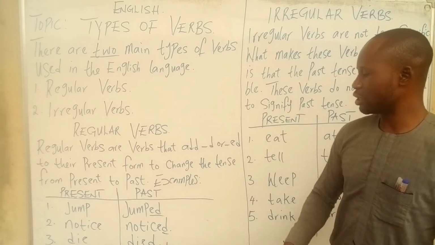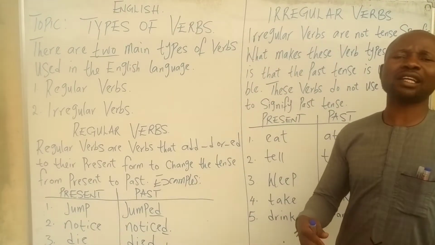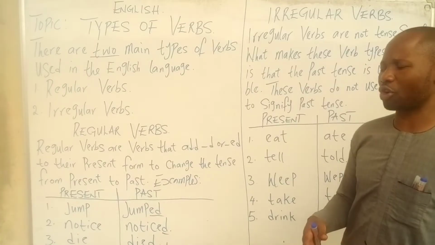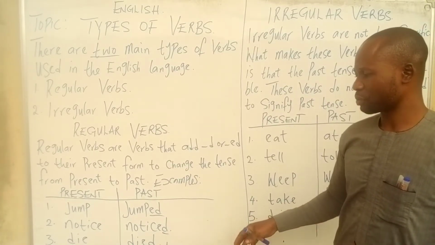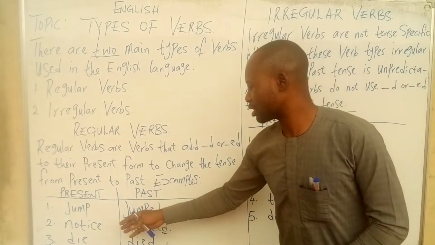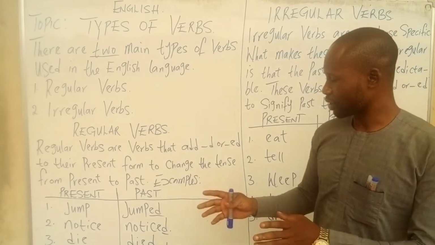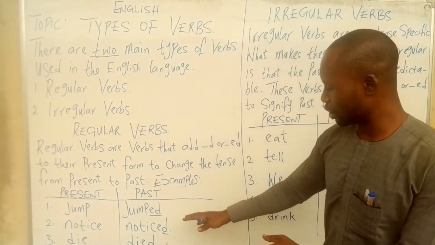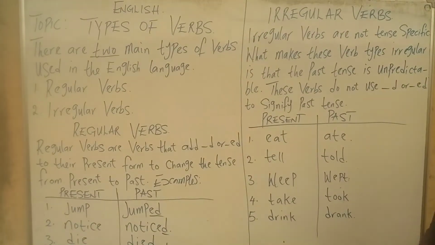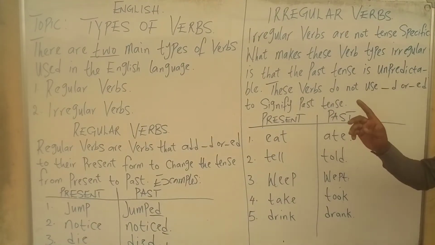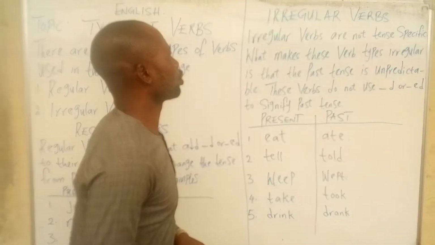So now you see drop moves to dropped. Even if an individual wants to improve his or her vocabulary of English, you can simply know that there are numerous of these, but because this is a short clip, I am limiting it to this. Now let's quickly go to the second one, called irregular verb, which is the second type of verb, and we are going to stop our teaching here for today.